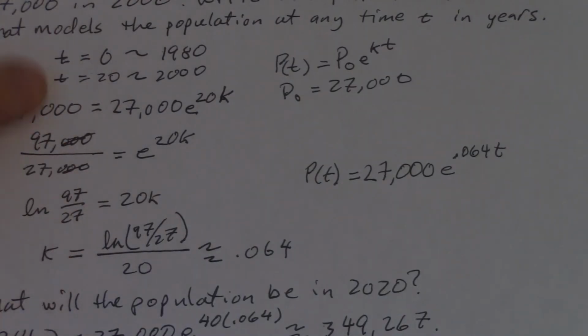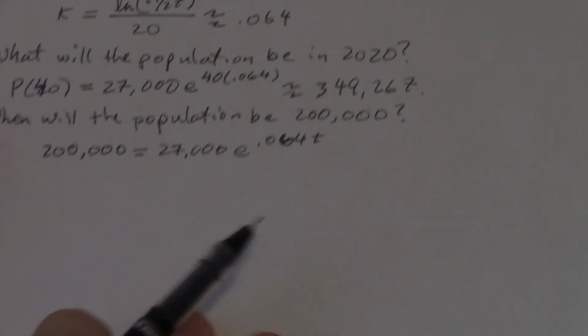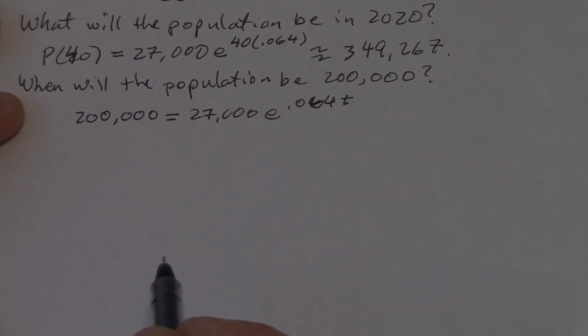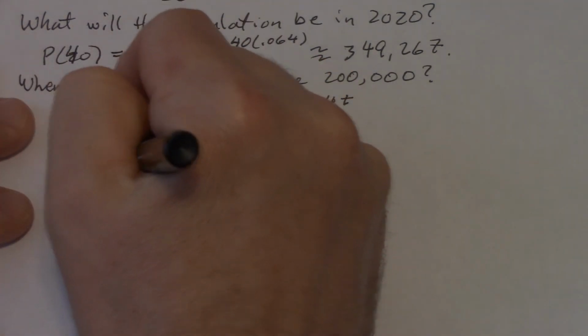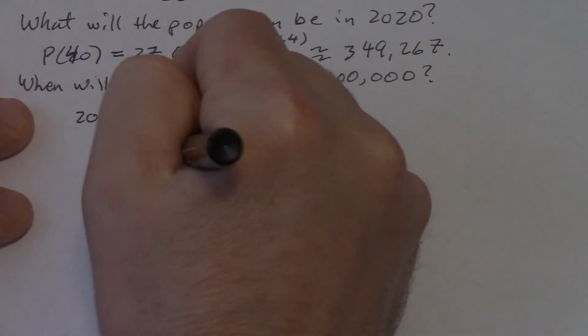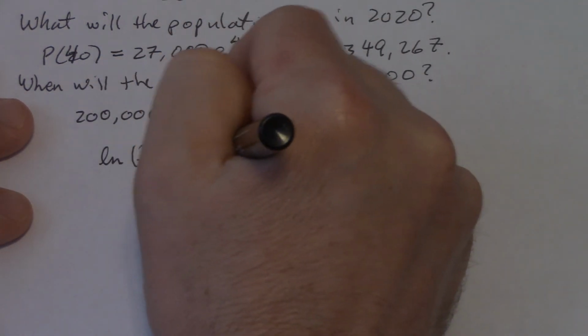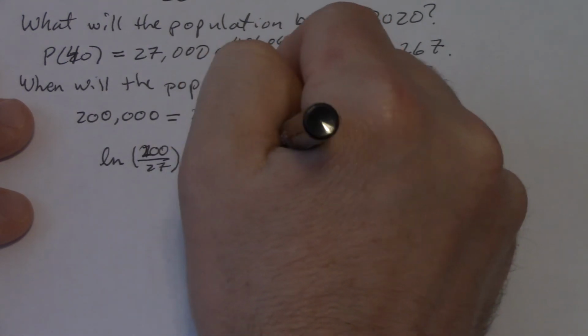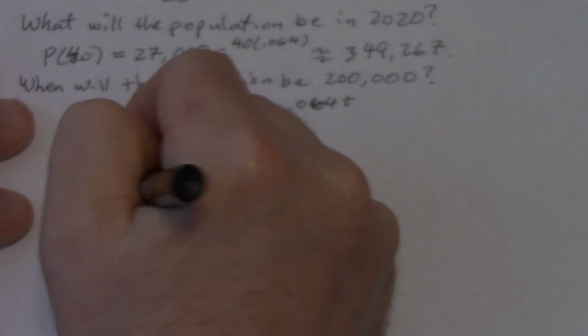The solving looks just like what we did before. To save a little bit of time, we're going to divide by 27,000, chop off some zeros, and take a natural log. So we get the natural log of 200 over 27 equals 0.064t, and then we divide by that, and we have our estimate.